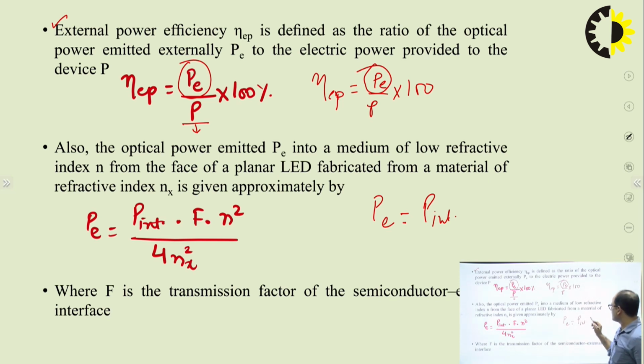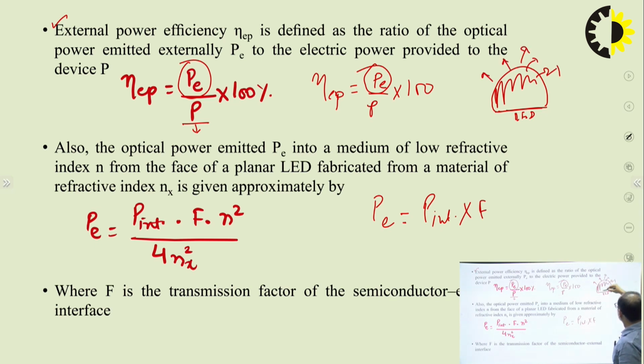This factor depends upon the transmission factor. Suppose this is an LED surface covered by a glass surface. The total number of photons emitted from the device defines the external quantum efficiency, or you can say external power efficiency.